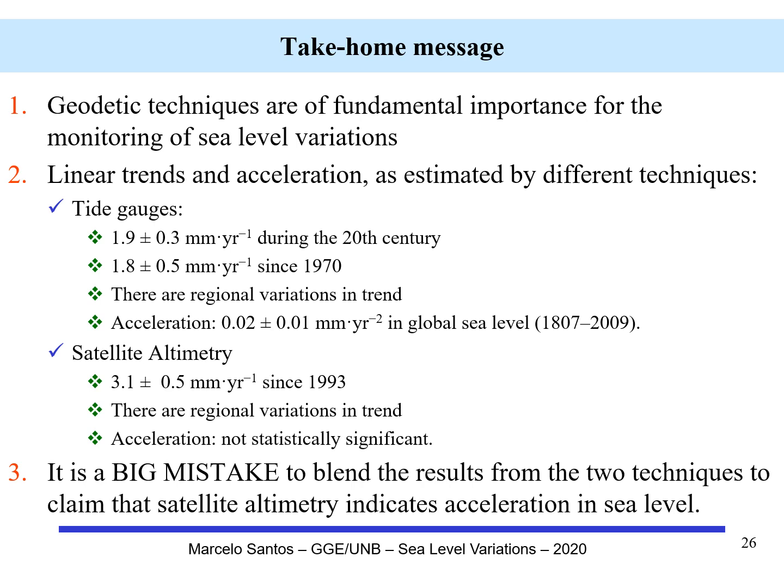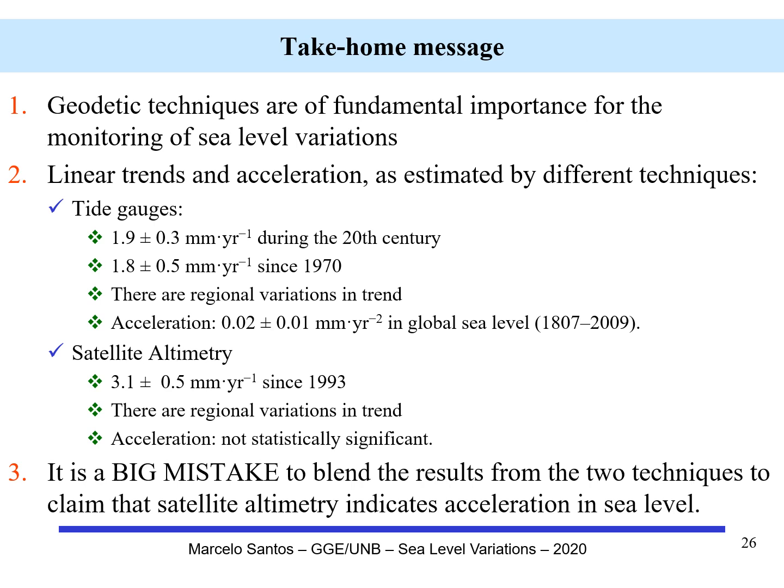There are regional variations in trend. Acceleration: 0.02 plus or minus 0.01 millimeters per year squared in global sea level, estimated from 1807 and 2009 records. Satellite altimetry: 3.1 plus or minus 0.5 millimeters per year since 1993. There are regional variations in trend, and acceleration is not statistically significant.